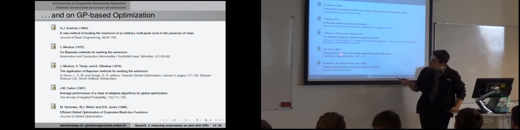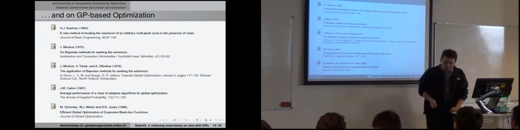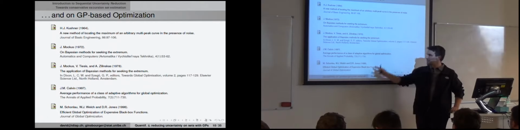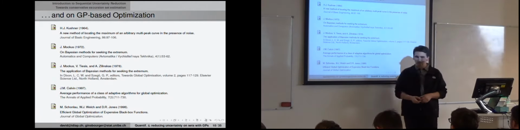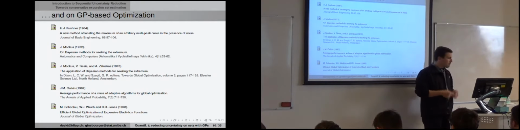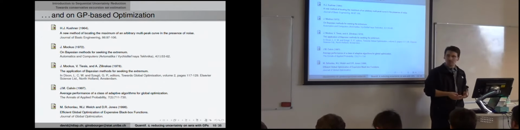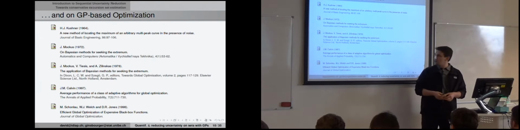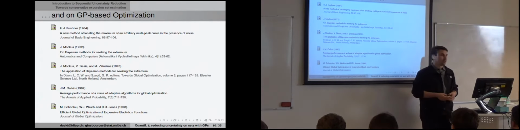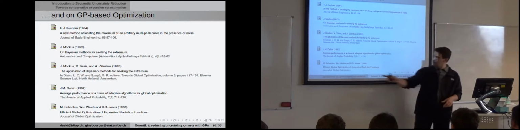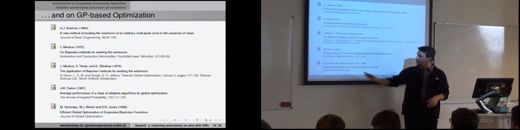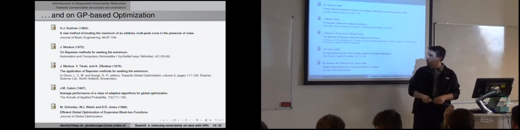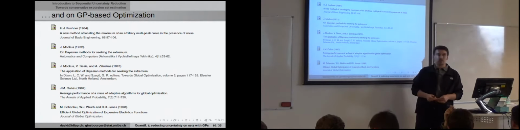This is also an applied probability paper around this topic, and one of the most cited papers in the area, published in '98, and they have revived this whole category of algorithms, implemented it in a higher dimensional context, and also illustrated that on realistic test cases. Matt Schonlau was a PhD student, just around the time of his PhD or a little bit after. Welch is a professor in statistics, and Don Jones is at General Motors.